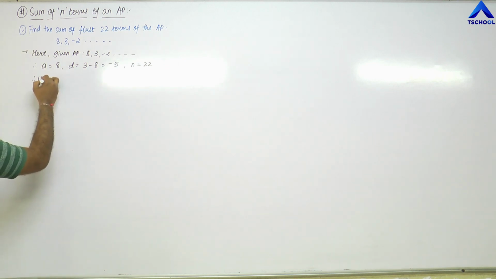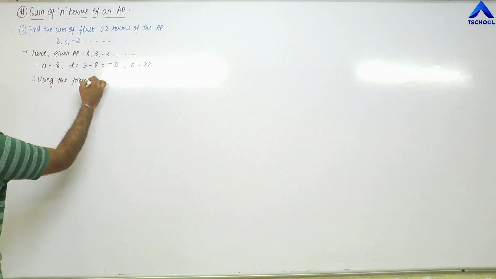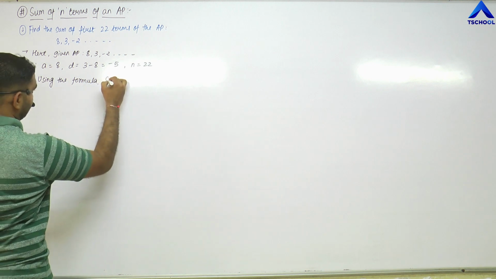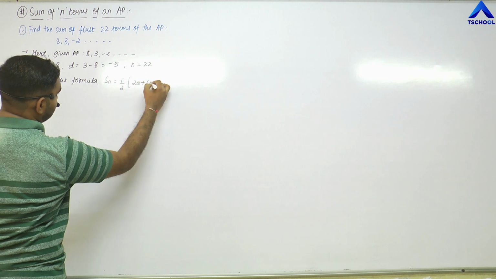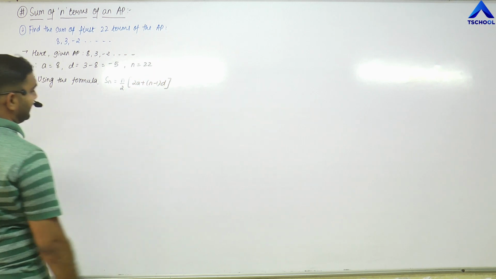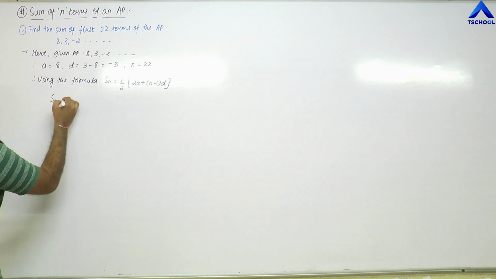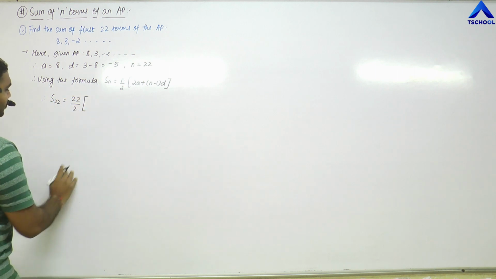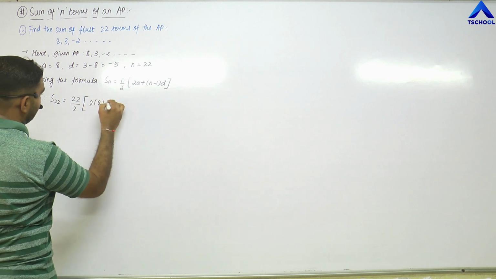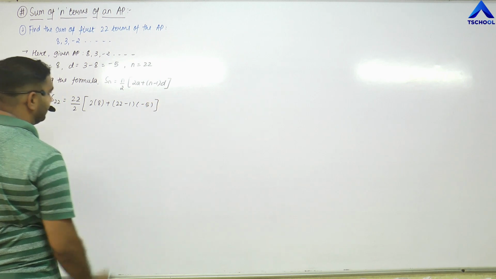Therefore using the formula Sn equals n by 2 into 2a plus n minus 1 into d. So this is the formula here. Let us put down all the values we are having. Therefore S22 equals 22 upon 2 into 2 into 8 plus 22 minus 1 into minus 5, right?